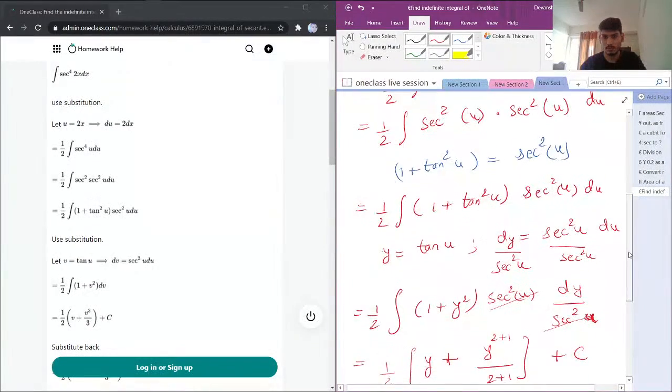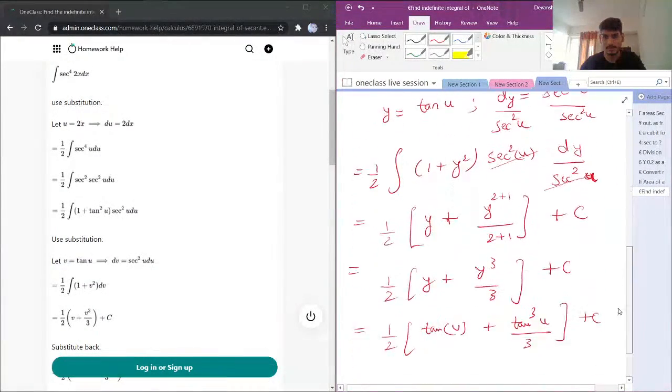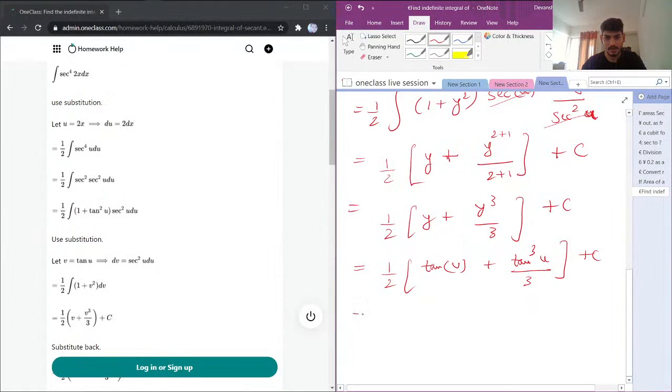Now my u was 2x. So I will write 1 over 2 tangent of 2x plus tangent cube of 2x over 3 plus c.